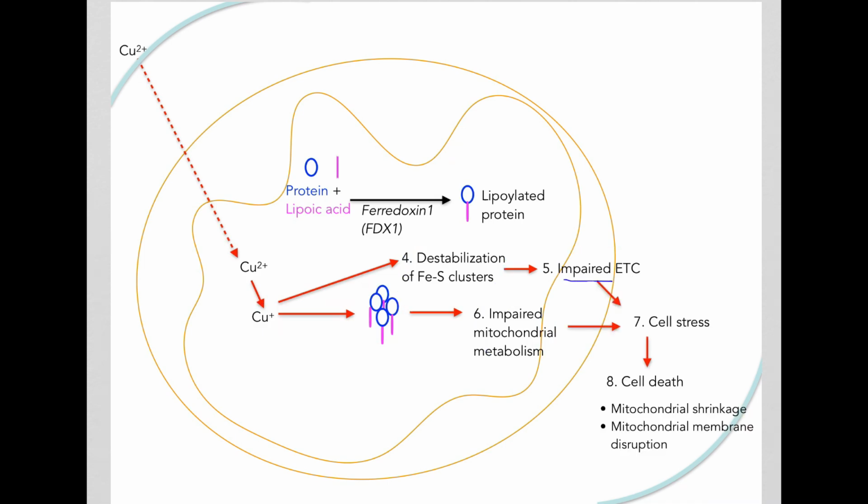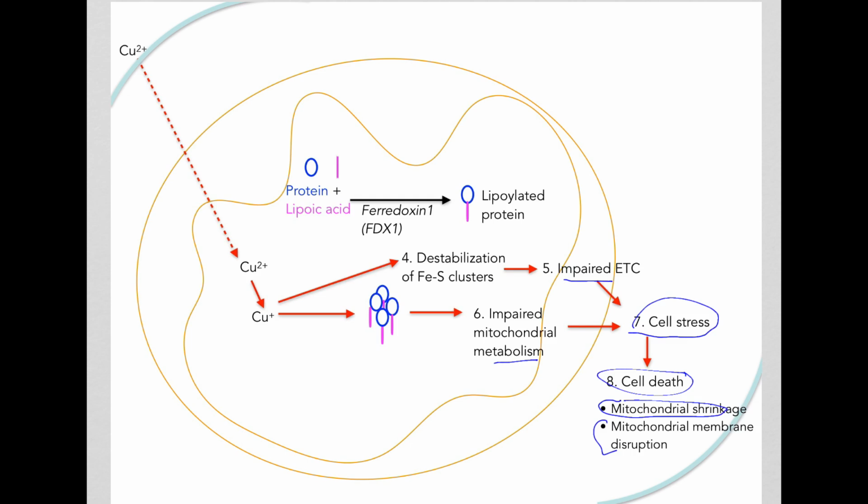So these effects will eventually cause very severe cell stress, and the cell will die due to this cell stress. The mitochondria especially will be very severely affected. There will be a shrinkage of the mitochondria and disruption of the mitochondrial membrane.